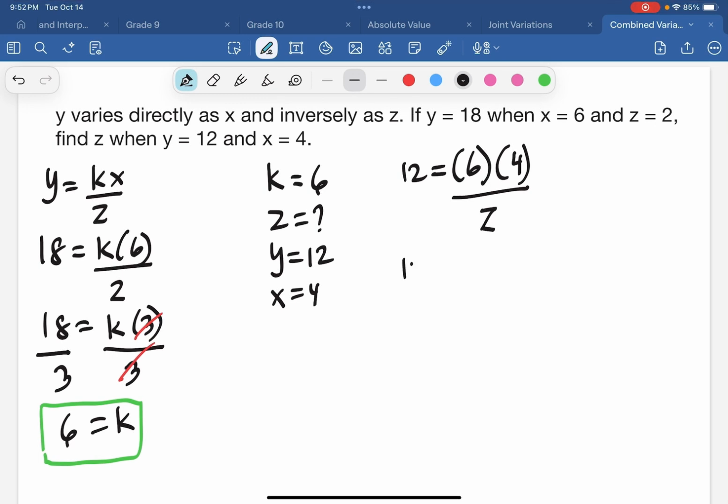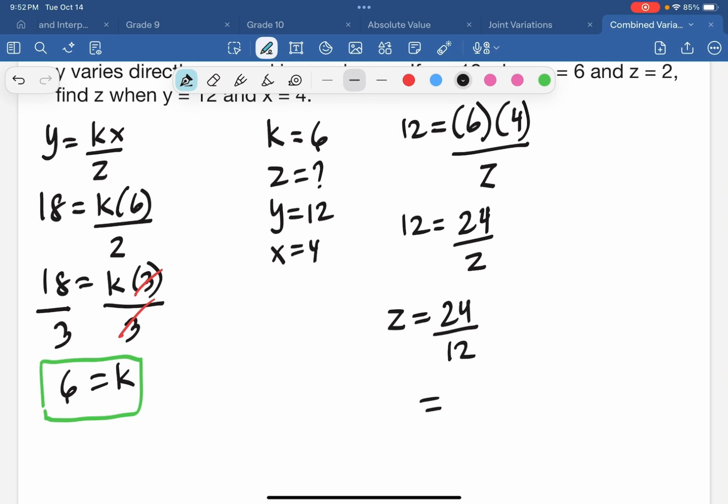Now here we have 12 equals, and then 6 times 4 is 24 over z. So based on this, if you could still remember the inverse relation, you could just switch 12 and z. So you could have z equals 24 over 12. Now 24 divided by 12 is 2, and here's our answer.